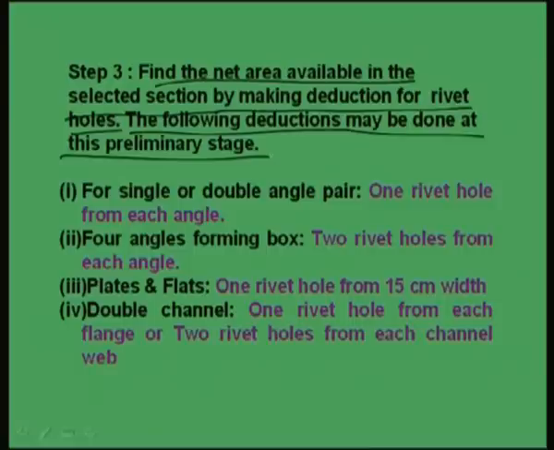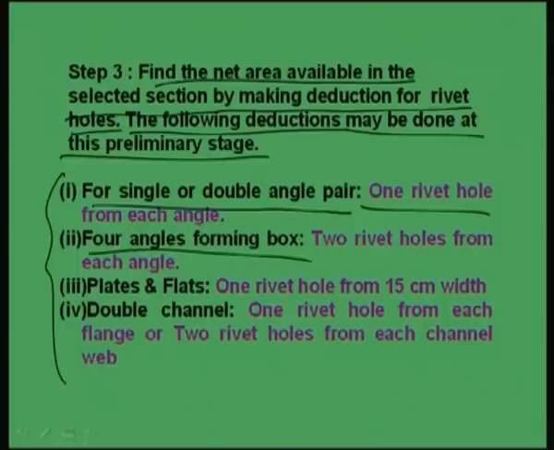So, some conventional things have been given, which I have discussed in an earlier lecture also, that for single or double angle pair, one rivet hole from each angle can be deducted, okay, and for 4 angles forming box type, means if the angles are like this, forming box type, 2 rivet holes from each angle can be deducted, and for plates and flats, 1 rivet hole from 15 centimeter width can be deducted.